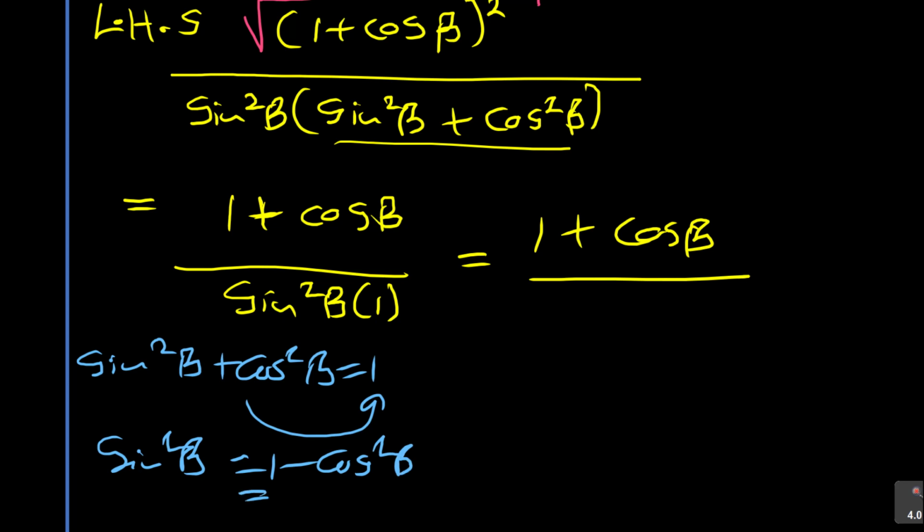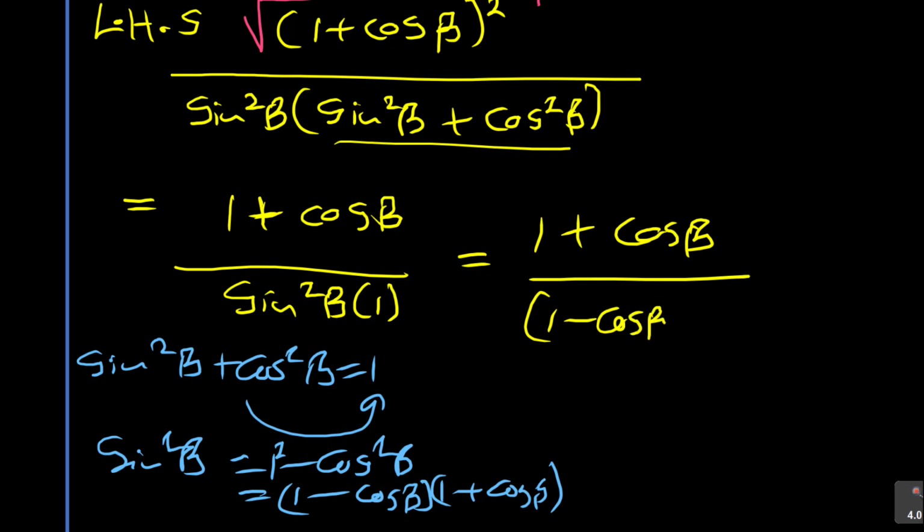This is a difference of two squares, which is 1 minus cos b and 1 plus cos b. See that? So that's what we have here as bracket 1 minus cos b and 1 plus cos b.